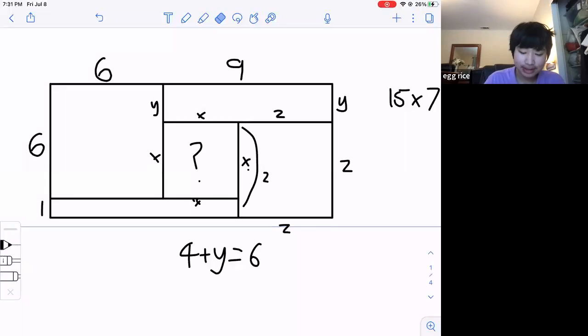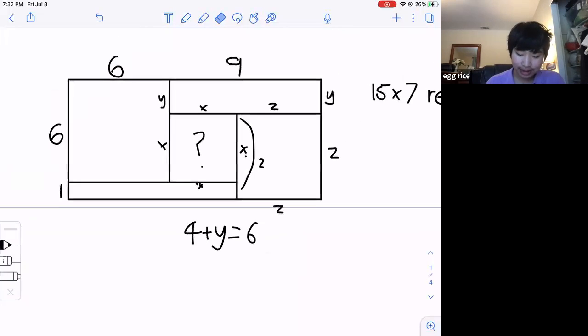So since we know that x is 4, how can we find, say, z? Because in algebra, if you know x and y, if there are these relationships, then you can figure out what z is. If you know z and y, then you can figure out what x is. You can do all of these sort of calculations.